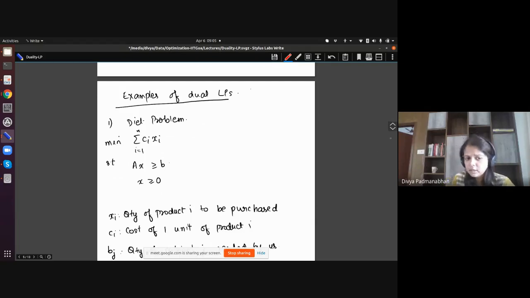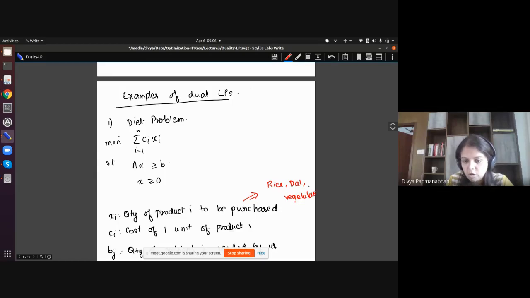There are some food products that you, as a buyer, want to purchase. These quantities, the x_i, could correspond to maybe rice, dal, and maybe some vegetables.